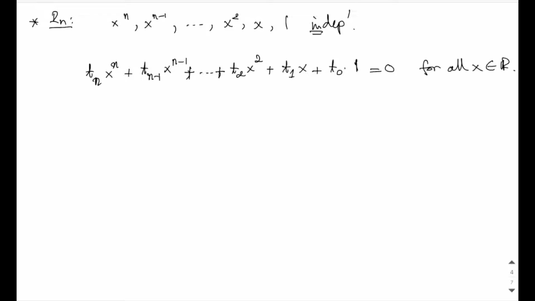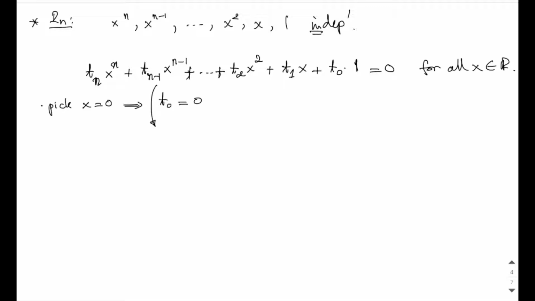When we work with functions, the dependency equation means the equality for all x in the domain. Now then you can just pick x to be 0, and that immediately gives you a bunch of 0s, until the last one, it gives you t0 has to be 0.